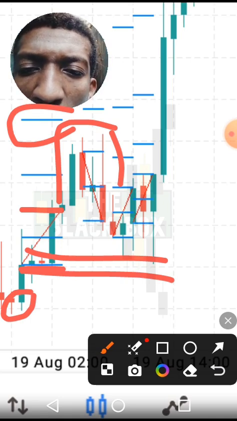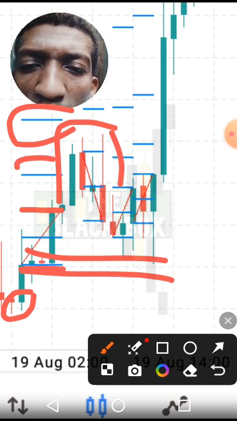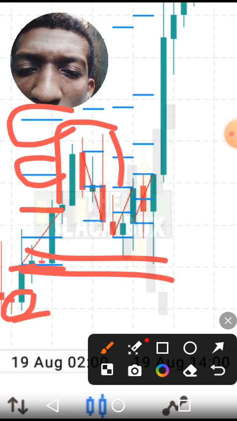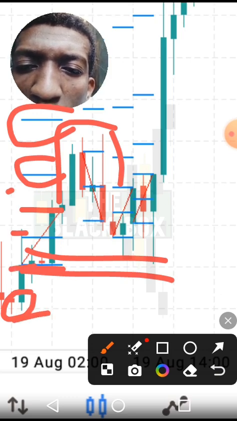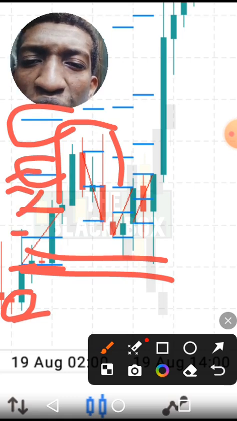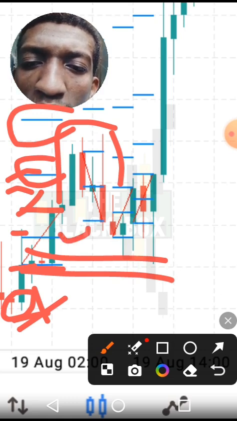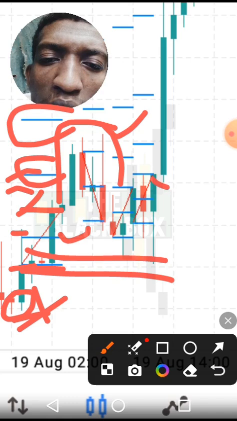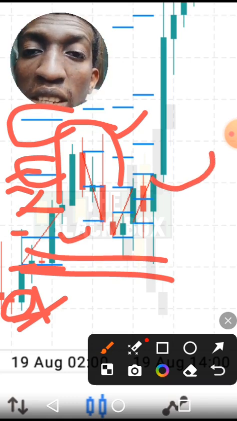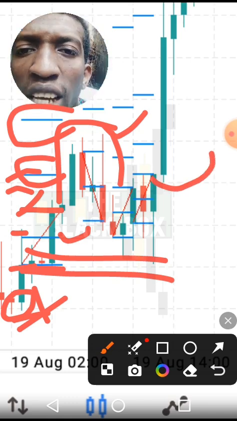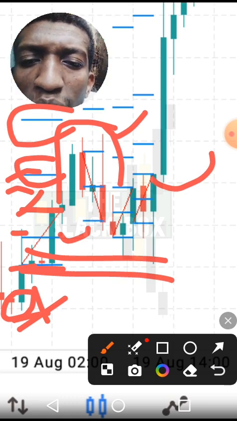Where? Up there, done. If you measure from there, that's TP1, that's TP2. Up there, it is done. So that setup is gone. Which setups are not gone? This one, and this one, and this one. These setups are still in play.